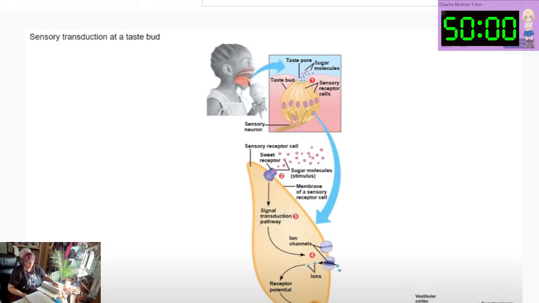That's transmission. The gustatory cortex will interpret these signals, process these signals, and then we perceive that we're eating something sweet, that we're eating chocolate, and that's kind of the processing step.